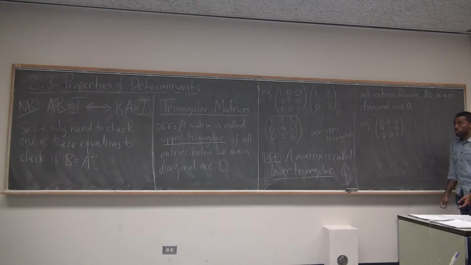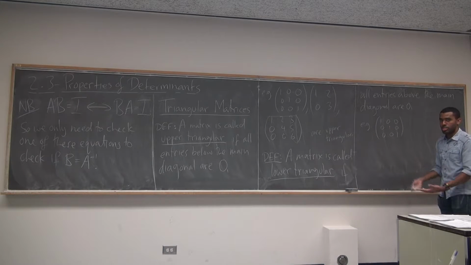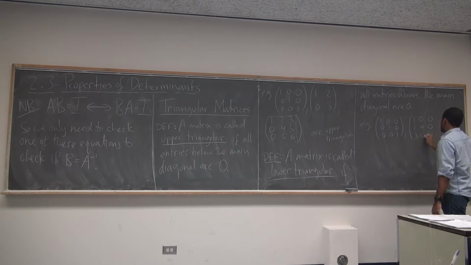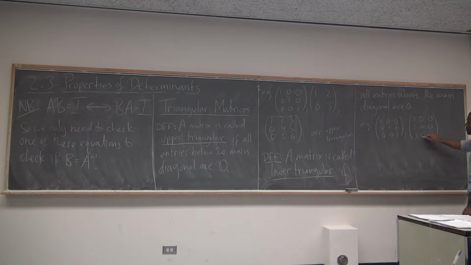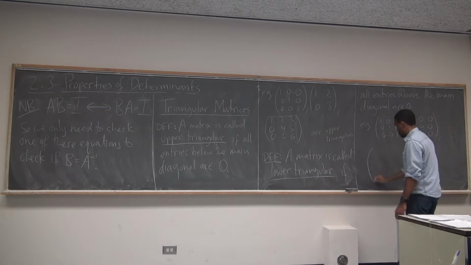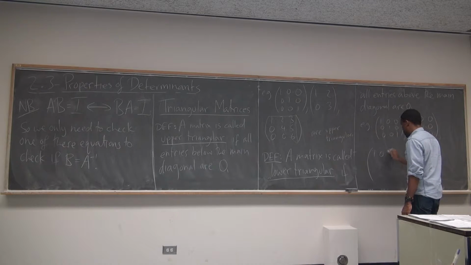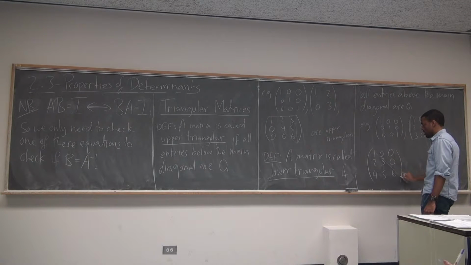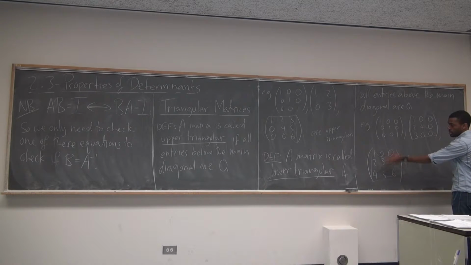Identity matrices are both upper and lower triangular. In fact, all diagonal matrices are both upper and lower triangular. This is lower triangular. If you look at the main diagonal, above it you have all zeros. Again, lower triangular. All your non-zero elements will occur at the main diagonal or below.